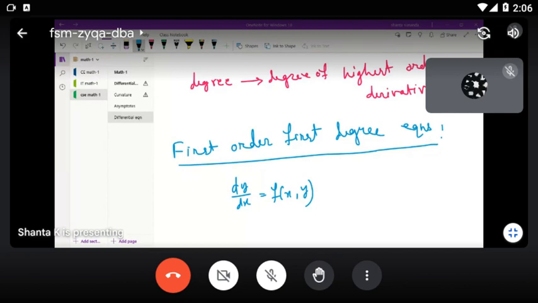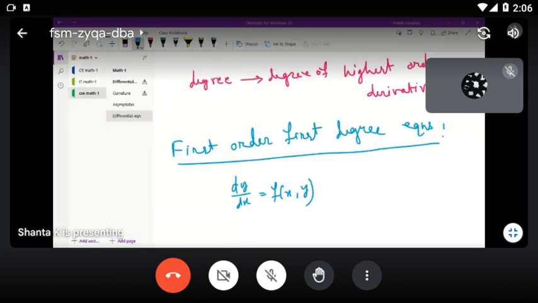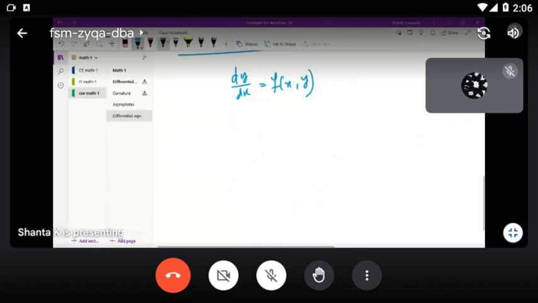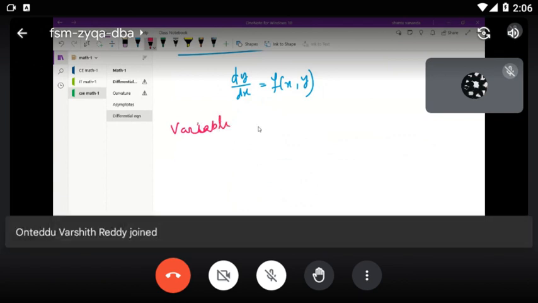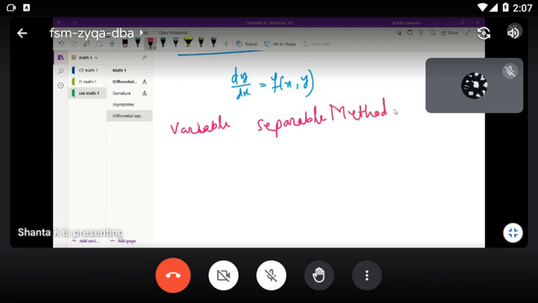Without much delay, we will start the first method. I think many of you know this one. It's known as the variable separable method. It's the first and easiest method. By the name only you can understand that we will try to separate the variables.